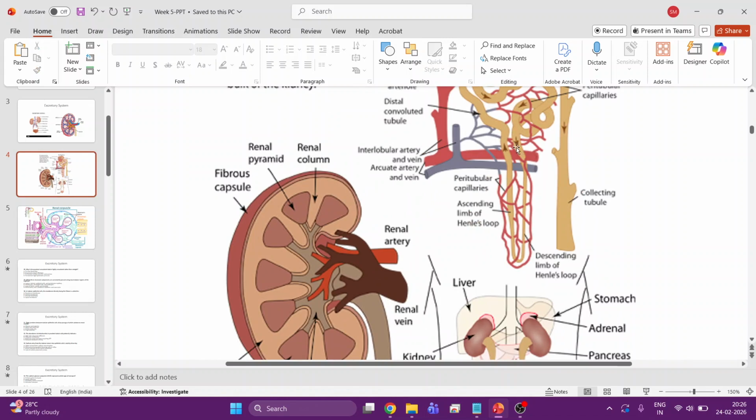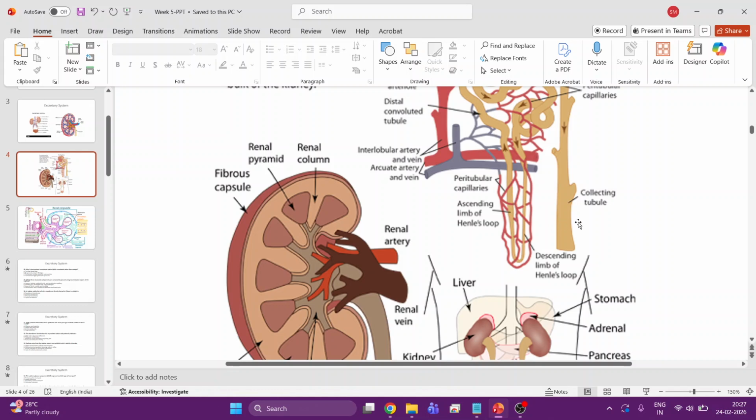You can see the arrows marking the movement of the filtrate. And here you can see the ascending limb. You can see how the descending limb and ascending limb have quite different morphology. One is pretty thin, with a very thin layer of cells, while the ascending limb has a thicker layer of cells.